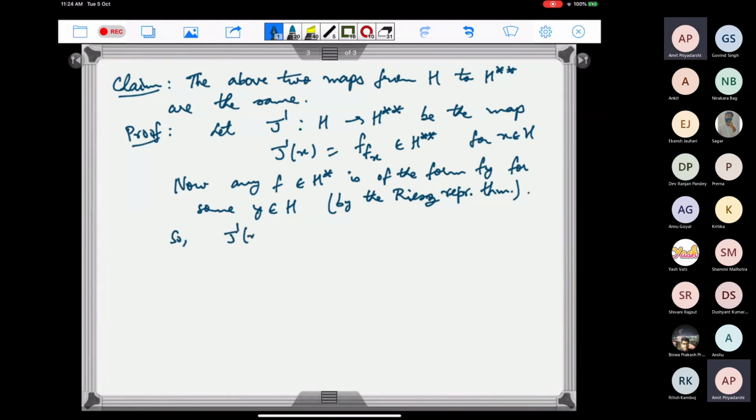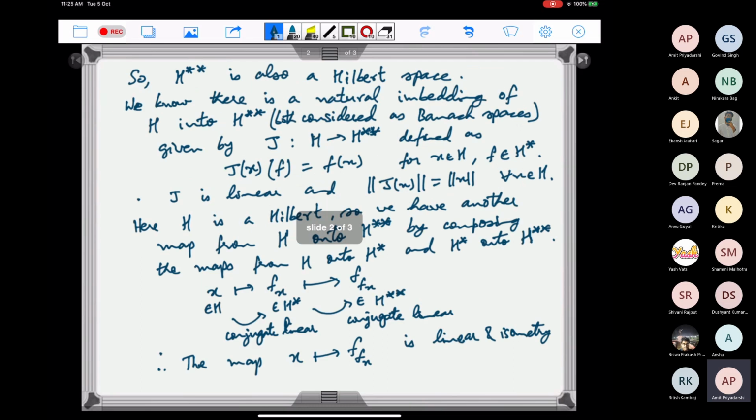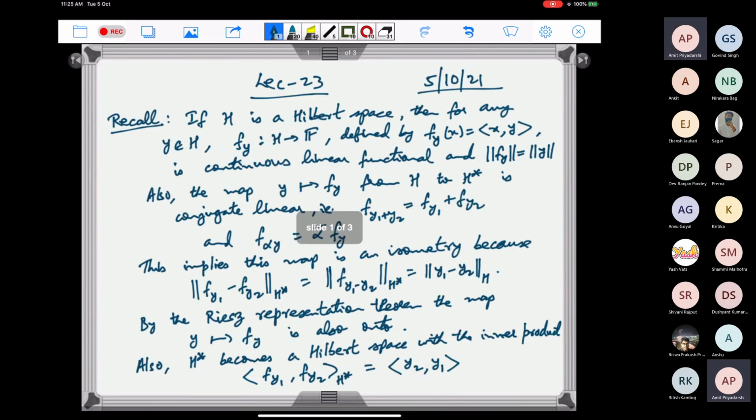J dash X of any f is equal to f sub Fx acting on f, which is of the form f sub y. And how is this map defined? f sub y of x was defined as the inner product of x with y.